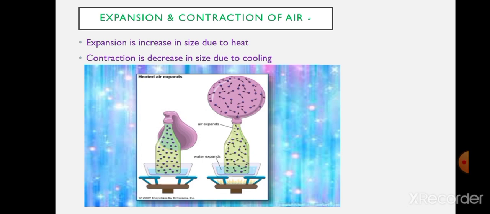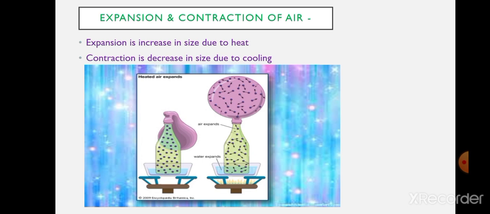Like here you can see a picture, right? I will explain this experiment you can do. A balloon is fixed at the mouth of an empty bottle. Now the balloon is placed in a container of hot water as shown in the picture. We will notice that the balloon gets bigger and expands. Why?